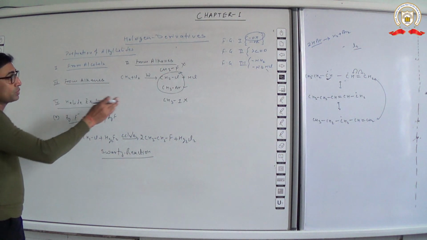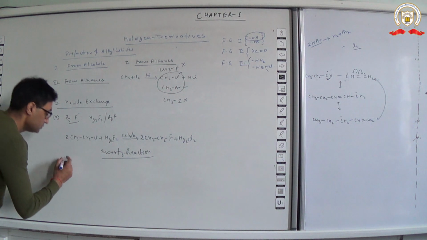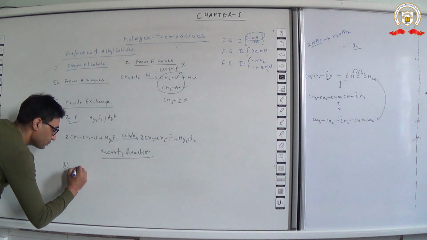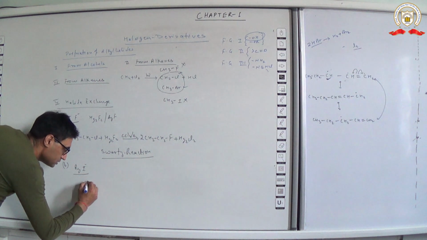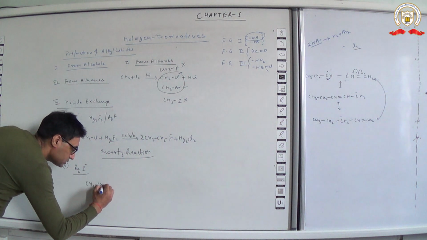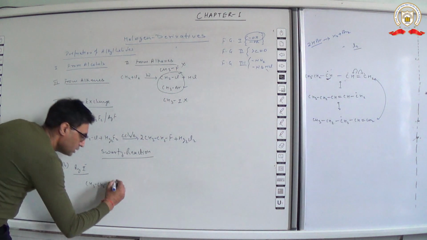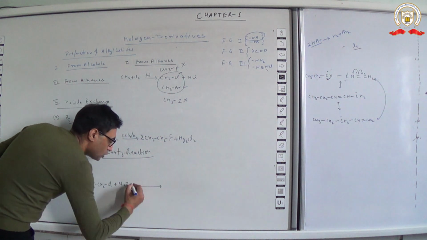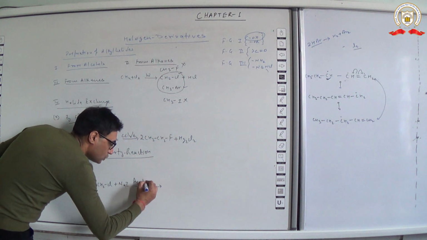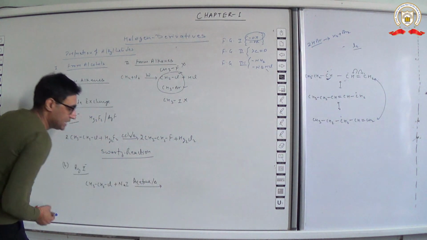Likewise, if I have to carry out iodination, we have exchange by iodide ion. I have got CH3CH2Cl. I am reacting it with sodium iodide. The solvent I am using is acetone. Again I am heating it.